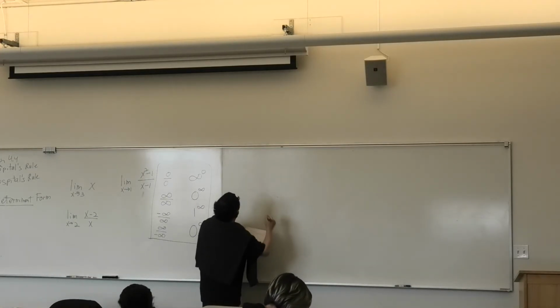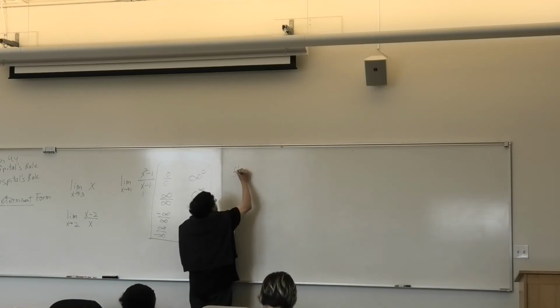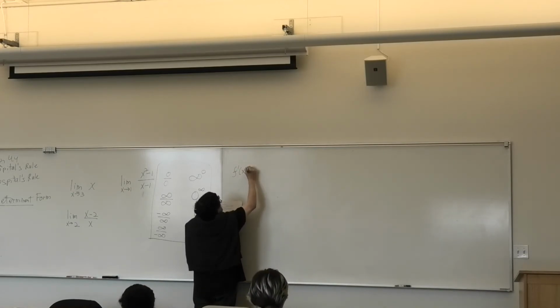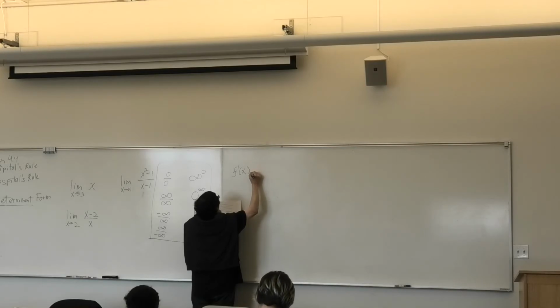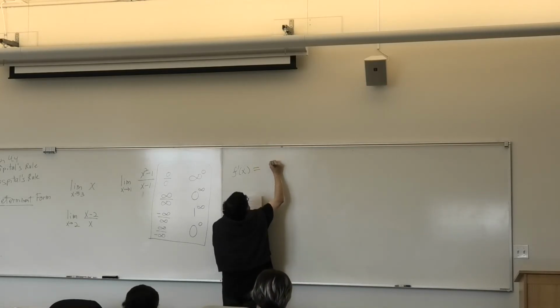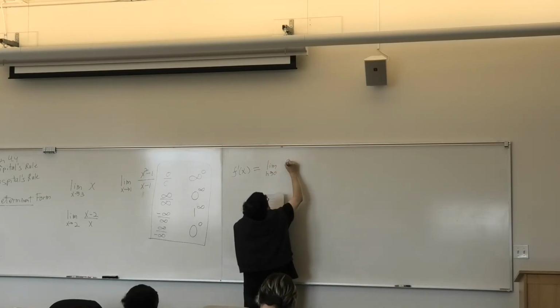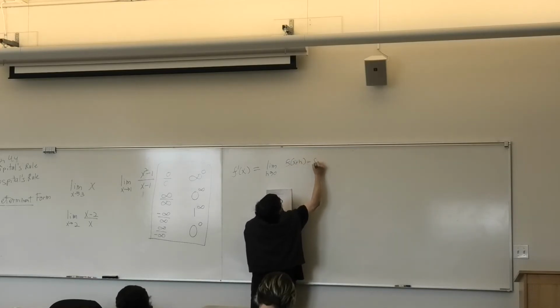What we're going to start with is the definition of a derivative of a function. It's the limit as h approaches 0 of f of x plus h minus f of x over h.